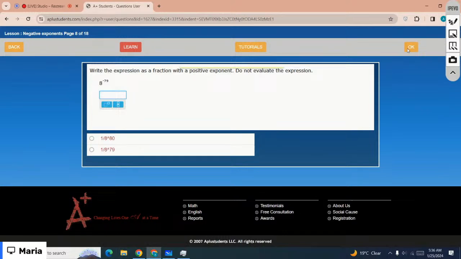The next one is write the expression as a fraction with the positive exponent. 8 exponent negative 79. So which is the correct option?